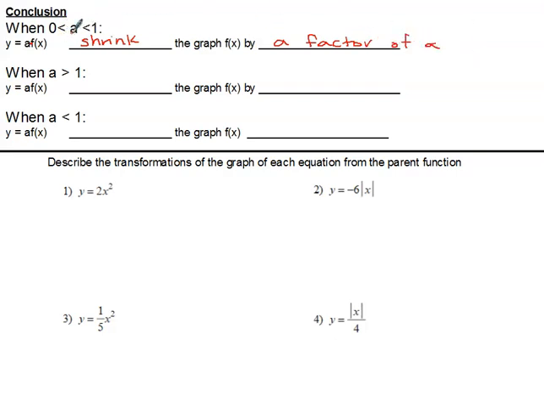Because when we multiply by something like, for example, 1/2, our numbers get smaller. That's going to cause our graph to shrink and become smaller. But when we're multiplying by something that's bigger than 1, like 2, 3, 4, we are going to stretch our graph. Our numbers are going to get much larger, and it is going to stretch the graph by a factor of a.